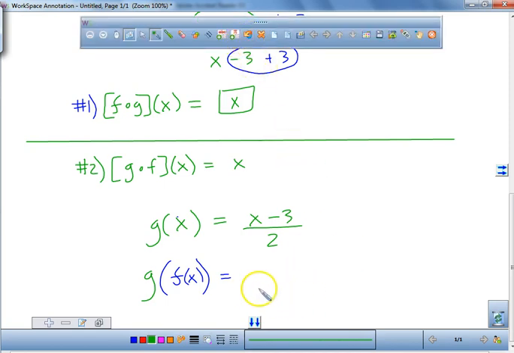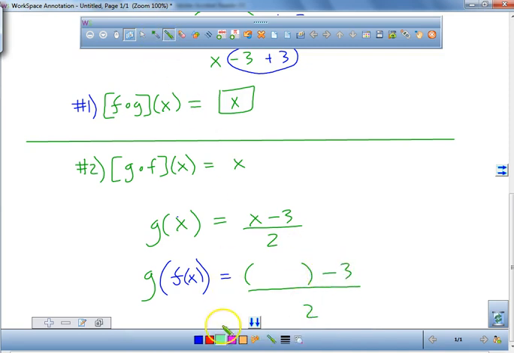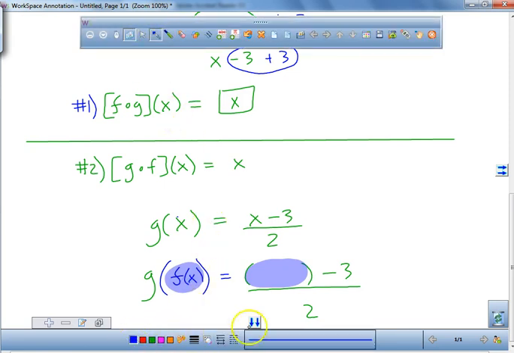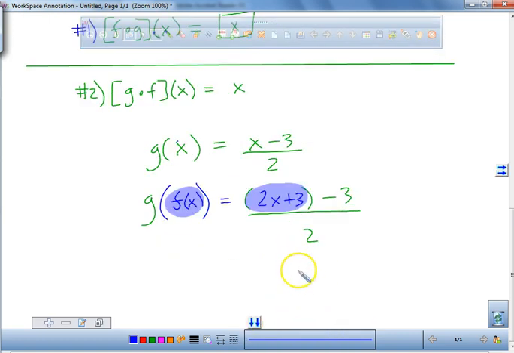Parentheses, minus 3, 2. We're going to highlight this area right here, which represents where I'm going to plug in f of x. What are we going to plug in here, Kaylee? What am I going to plug in right there? Very good. So now let's check.